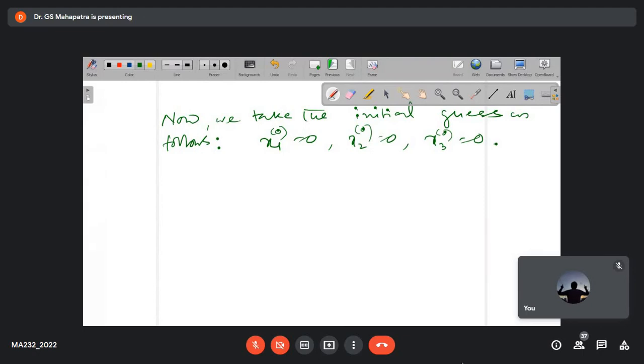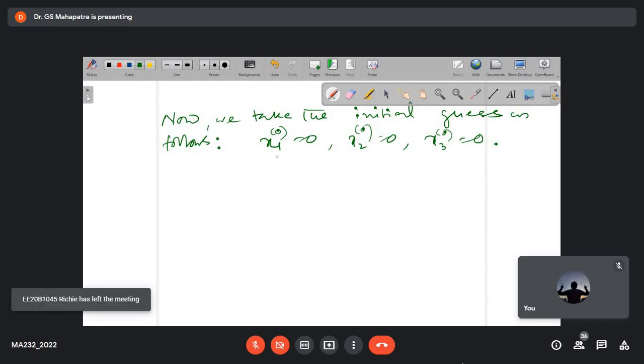You know, Gauss-Seidel actually has the property of faster convergence. That means it will converge faster compared to the convergence rate of Gauss-Jacobi. I have considered 0 0 0. Otherwise, in the last discussion we considered 1 1 1, otherwise you have to do a lot of iteration.